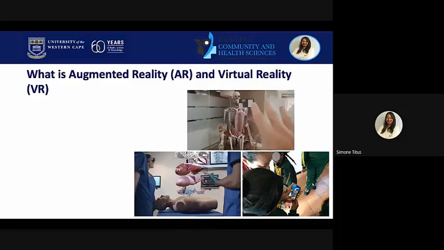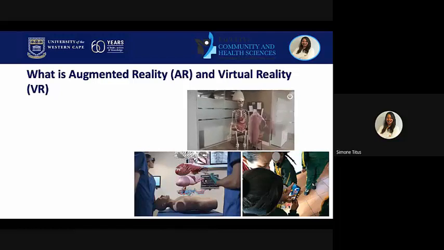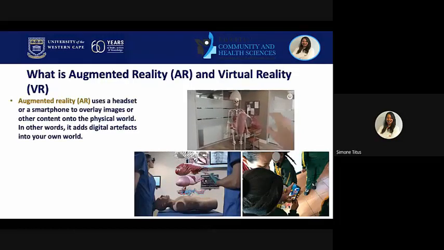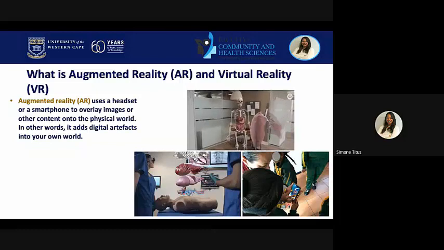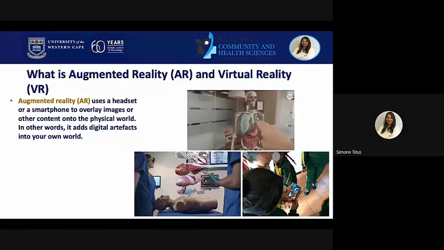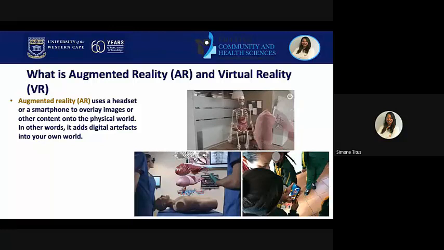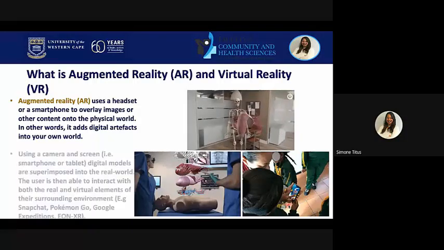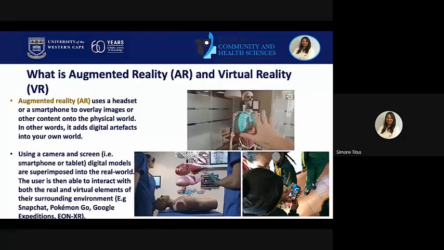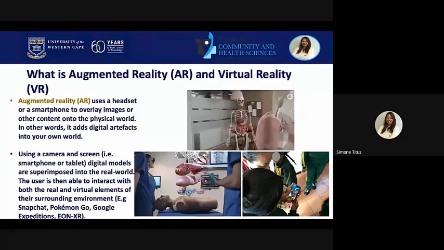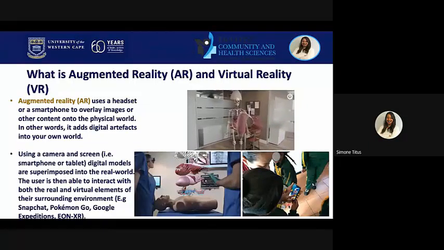So what is augmented and virtual reality? Well, augmented reality, as you can see on some of the pictures on the screen at the moment, uses a headset or a smartphone to overlay certain images and other content into your physical world. So in other words, it adds digital artifacts like a skeleton, a heart, a spider, any kind of artifact into your own world using your camera and a screen or a smartphone and a tablet, where these models are superimposed into the real world.